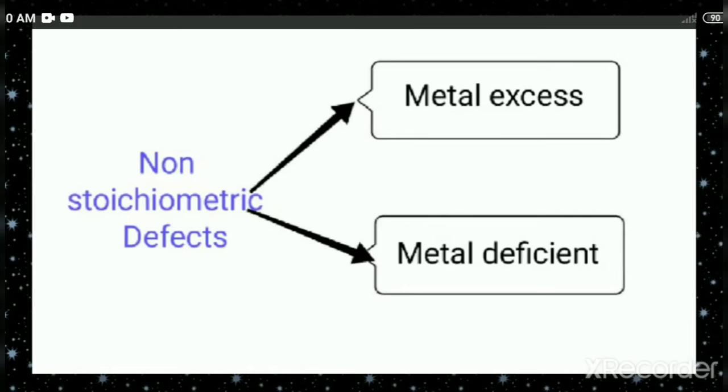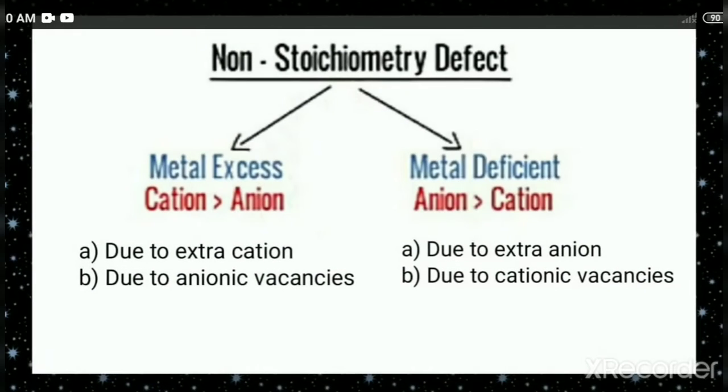The non-stoichiometric defect is further classified as metal excess defect and metal deficient defect. Let us discuss how it takes place. In the metal excess defect, the number of cations is greater than anions.